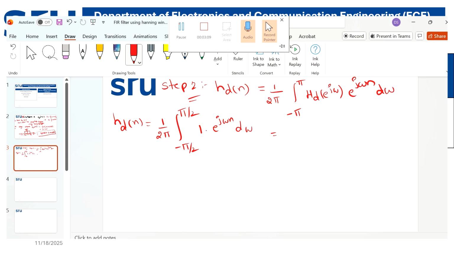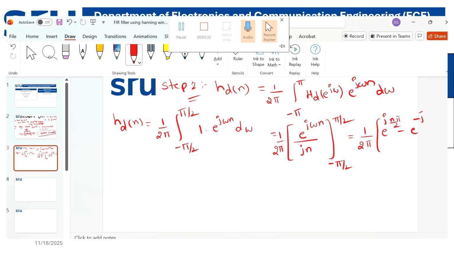So the integral of e power j omega n is e power j omega n by j n, and the integral is between minus pi by 2 to plus pi by 2, multiplied by 1 by 2 pi. If I substitute the upper and lower limits, we get e power j n pi by 2 minus e power minus j n pi by 2, divided by n into j.